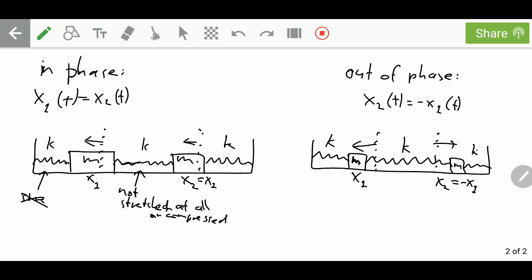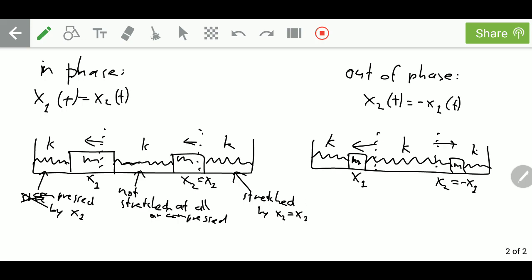Then this one is compressed in this diagram, but of course it could be stretched if we move the cart the other way, by x1, and this one is stretched, since the cart goes off to the left, so it's going farther away from the right wall, by x2, which equals x1.